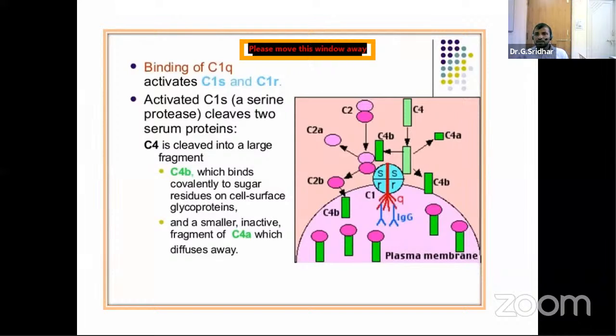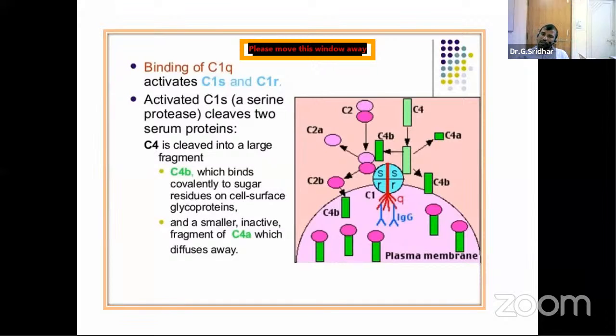Now, this C3 convertase can activate C3. The C3 will be split into C3a and C3b. The larger subunit C3b will complex with C4b2a and form C4b2a3b, which works as a C5 convertase. Now, this C5 convertase can split the C5 protein.